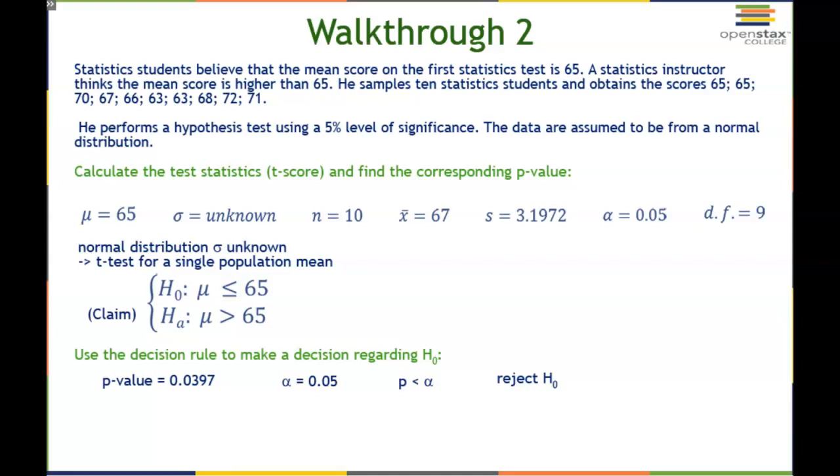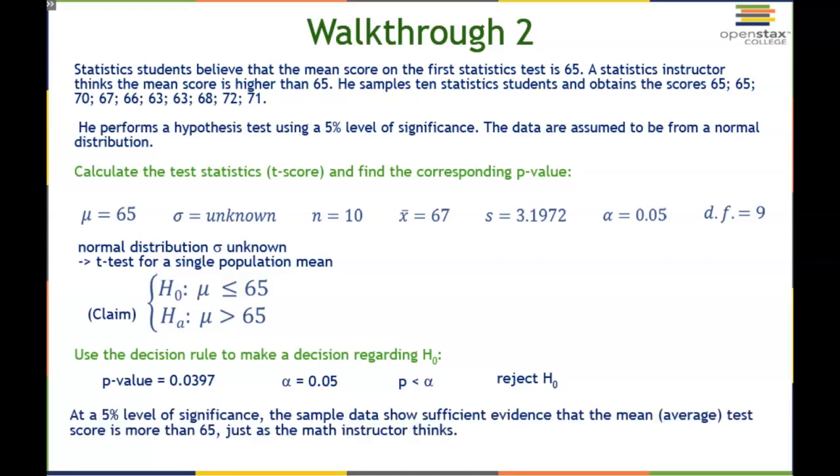Putting that all together, we're going to make a conclusion that at 5% level of significance, the sample data show sufficient evidence that the mean average test score is more than 65, just as the math instructor thinks.